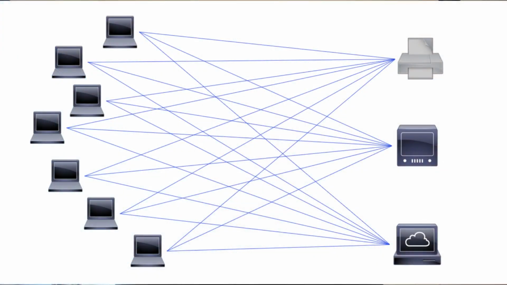And the only issue is that the number of keys that must be maintained and updated is going to be very large. So if we imagine that we have, for example, 100 clients on the network and we have 50 services, then every pair of client and service is going to need their own symmetric key for encryption.